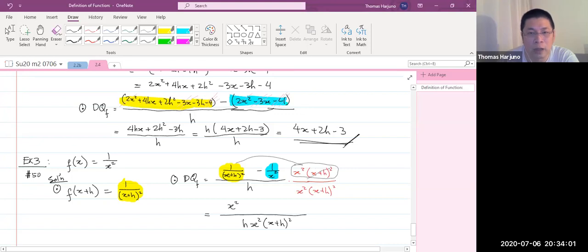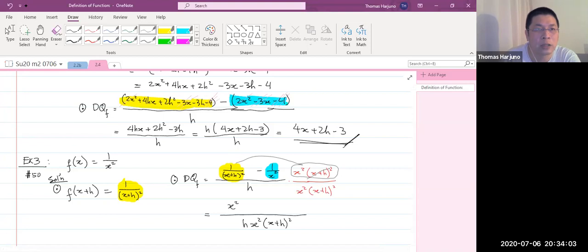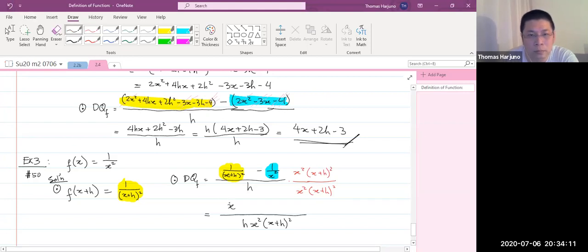Okay, I only have x squared times 1, that's x squared. Minus, now the second term, the blue part here, when I multiply by the LCD, the x squared cancels, I have x plus h being squared.